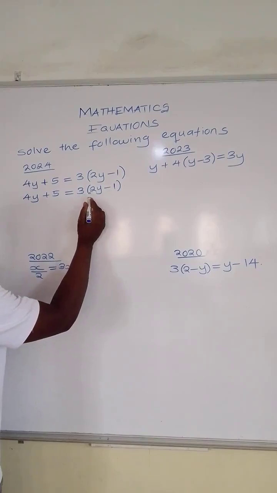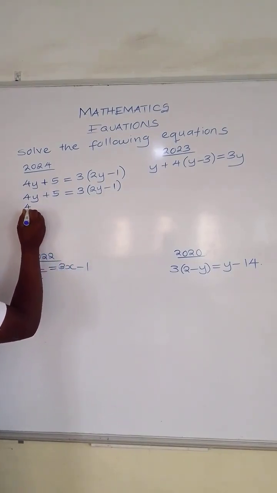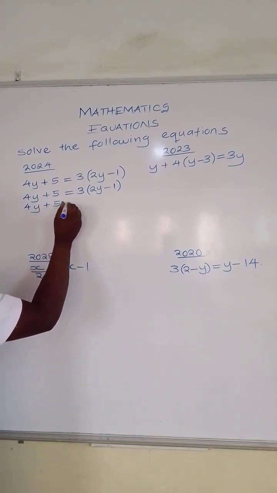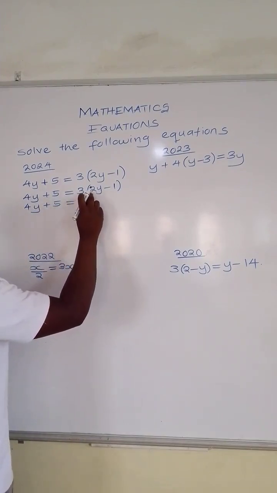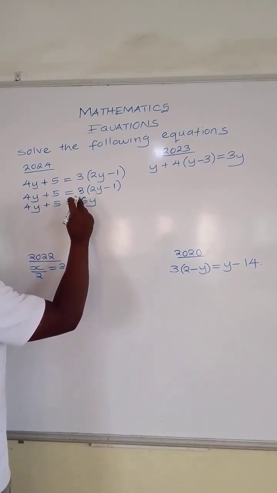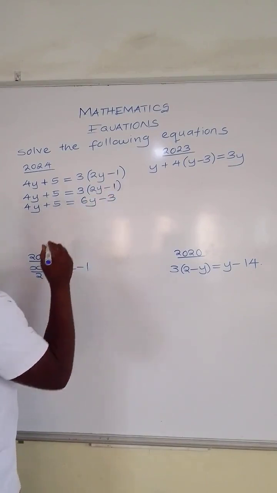So meaning 3 times 2y as well as 3 times negative 1. So we're going to say 4y plus 5 is equal to 3 times 2y, you get 6y. 3 times negative 1, you get negative 3.